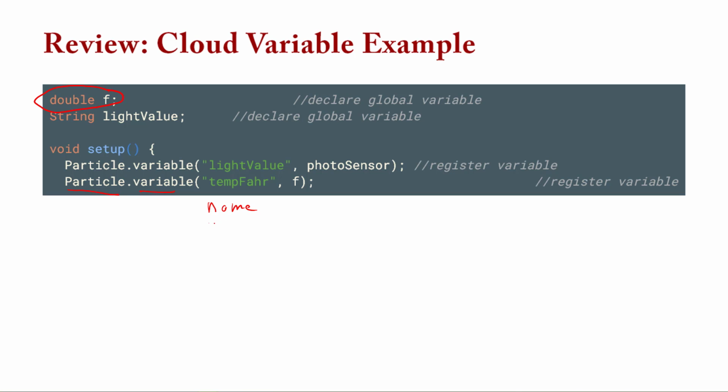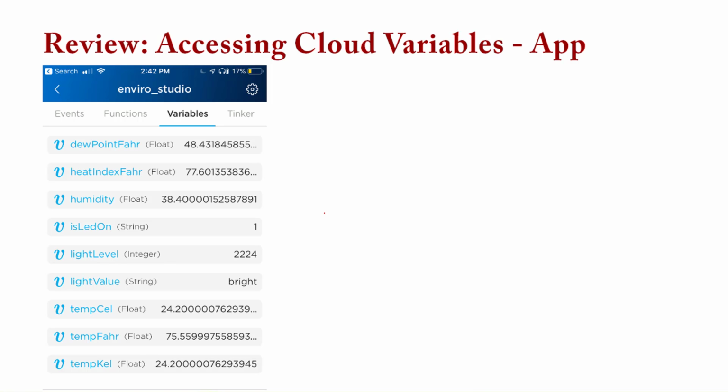So name in app, and then this is the variable name. Okay? Just like that. 2 parameters always. And the most common variable types, int, bool, string, float, those are all valid variables.